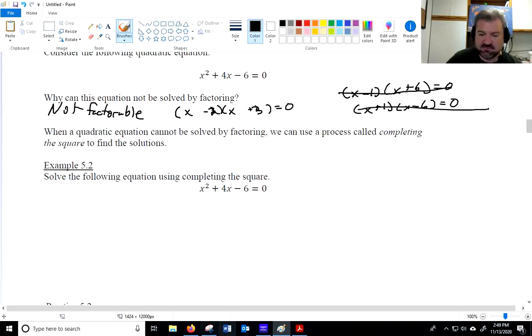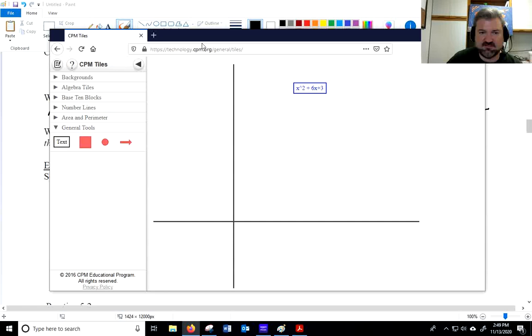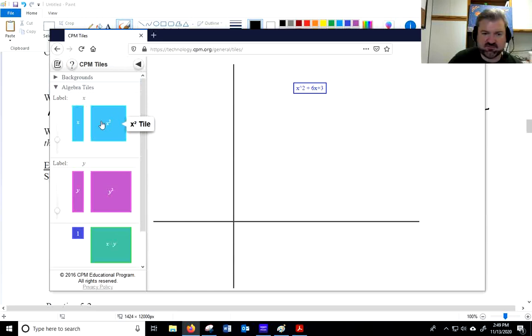So before we go into completing the square, let's make sure that we remember what it means to complete a square. I've got this neat website here, cpm.org, and they have some online algebra tiles, which is pretty cool. And so I've got x squared plus 6x plus 10. That little caret symbol means squared. And I'd like to represent it geometrically.